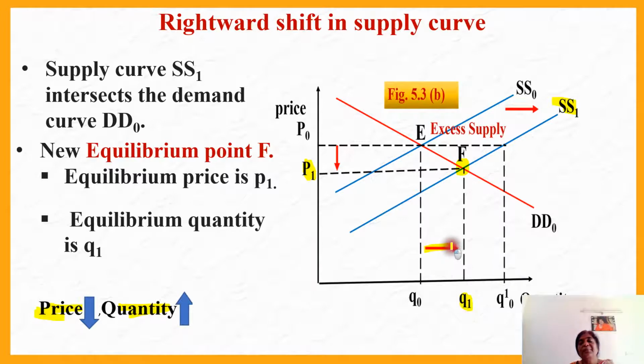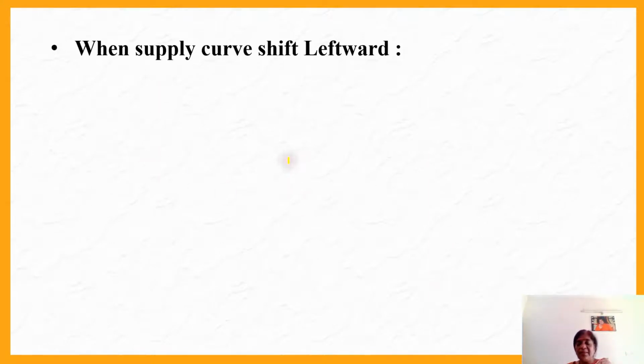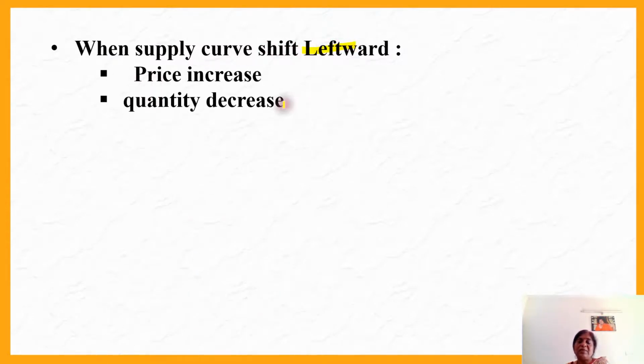This is the finding we make from this diagram when there is a rightward shift in the supply curve. Therefore, price decreased, quantity increased. And what is the summary we can make from this leftward shift and rightward shift? When there is a leftward shift, we have seen that price increases, quantity decreases.